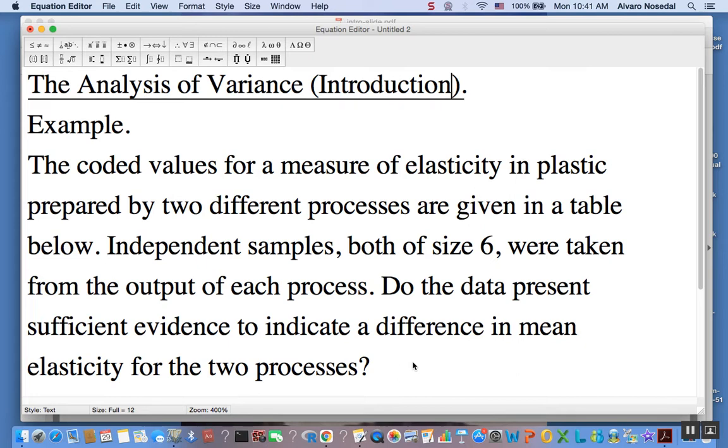So we have a total of 12 observations. And the question that we would like to answer is whether or not that data set provides evidence that there's a difference in average elasticity between the two processes.